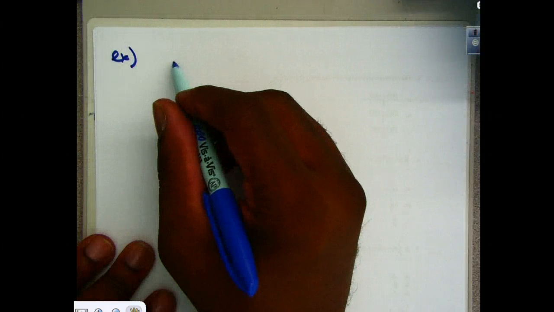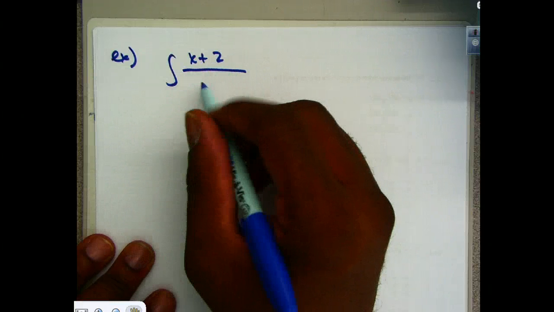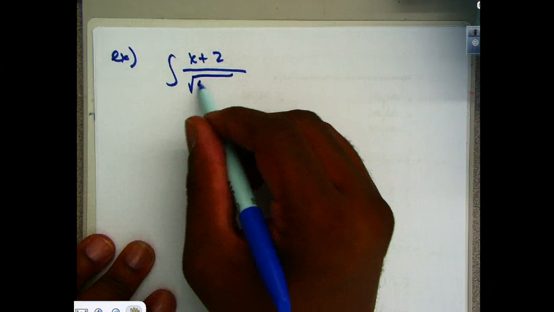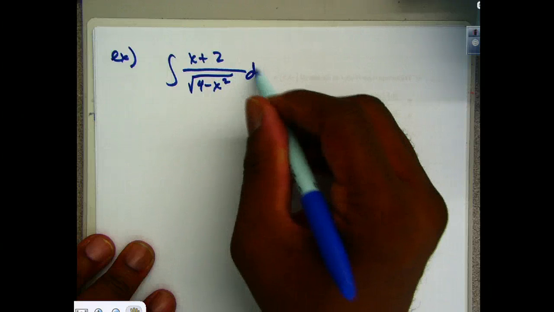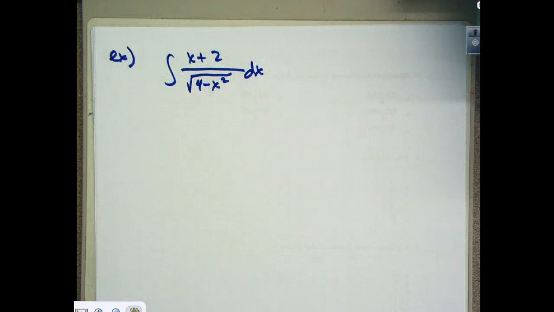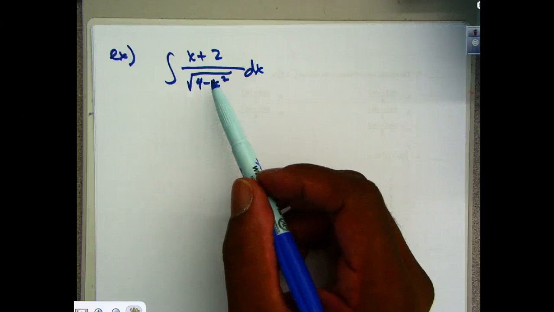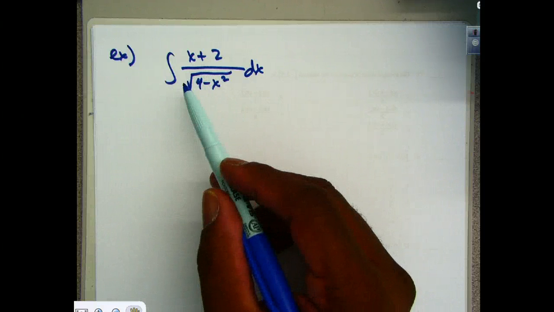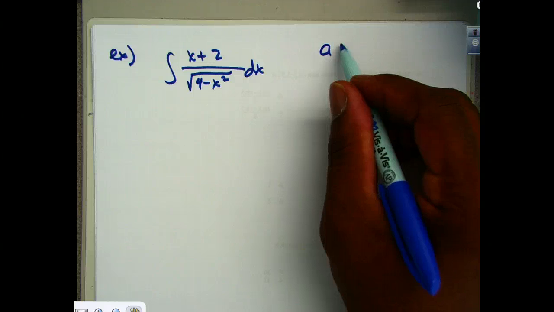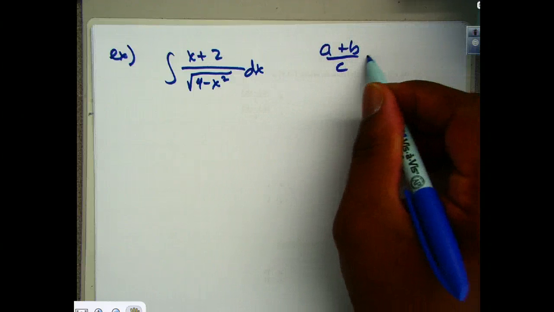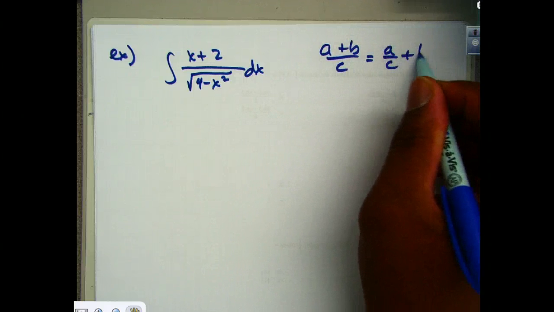How about the integral of x plus 2 divided by square root of 4 minus x squared dx. Now we've seen in various problems before that when you have a problem like this, we could sometimes split it up, because we know that if we have a plus b over c, that's the same thing as a over c plus b over c.